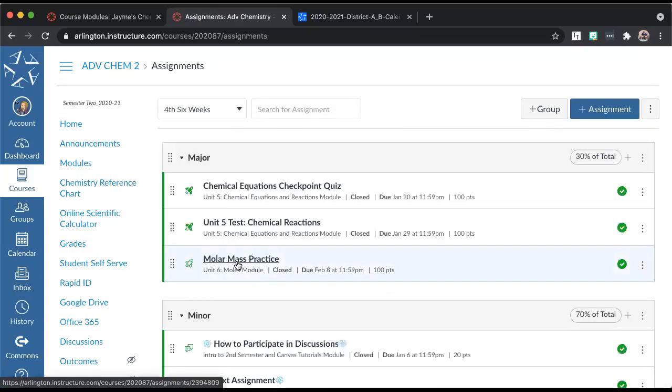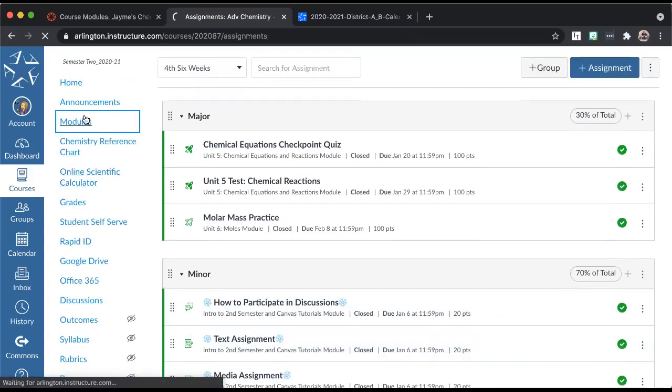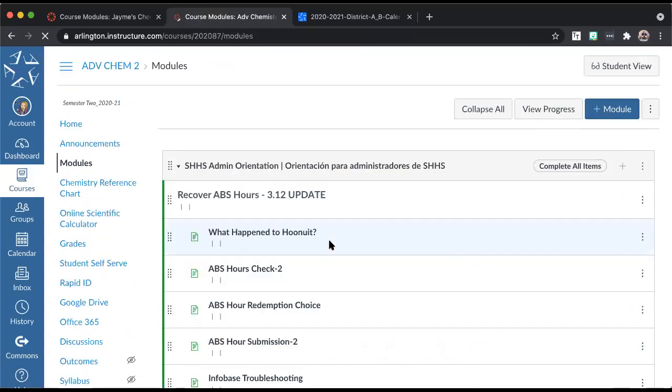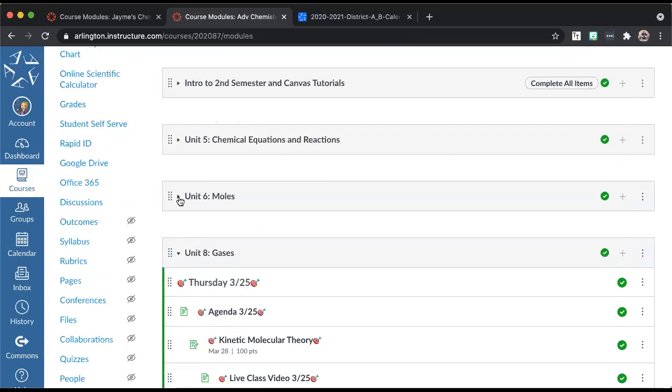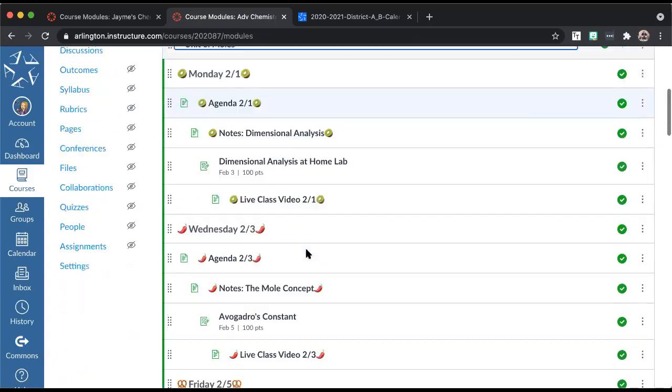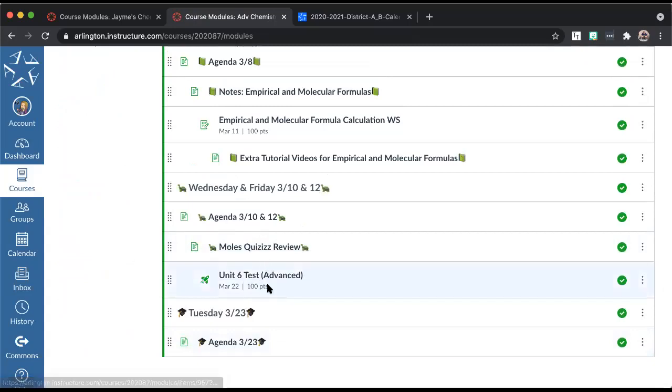So those of you wondering what am I missing or what do I need to do? The grades that are in the grade book, we have the stuff from Unit 6. So I'll go back up here. If you're still missing stuff from Unit 6, we had our test, okay?